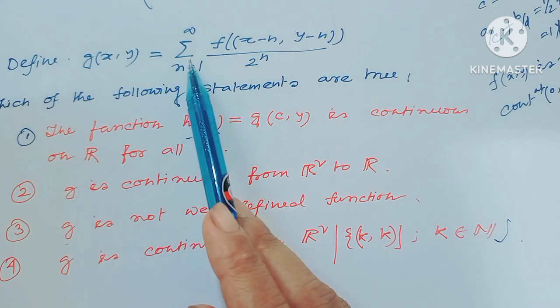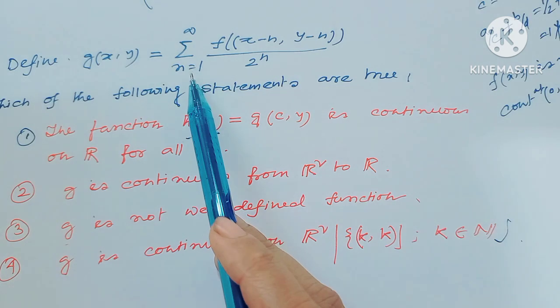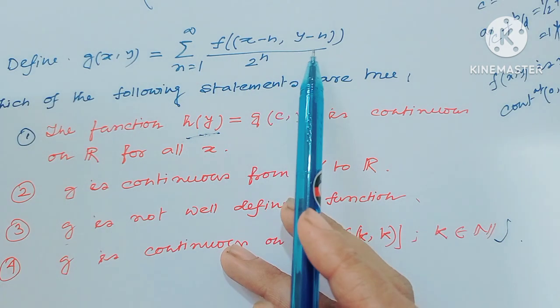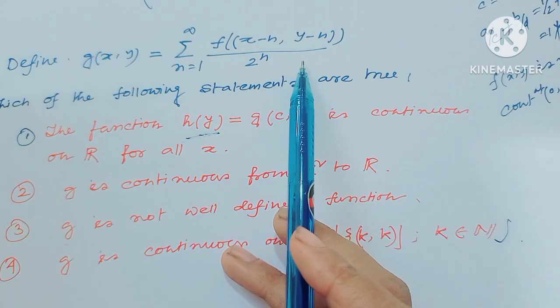Notice the function g(x,y) is the series, n equal to 1 to infinity, of f(x minus n, y minus n) over 2 to the power n.